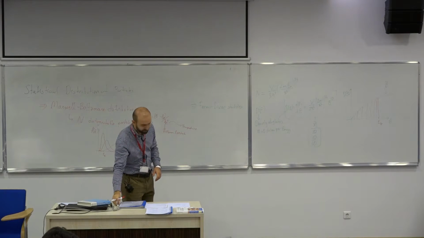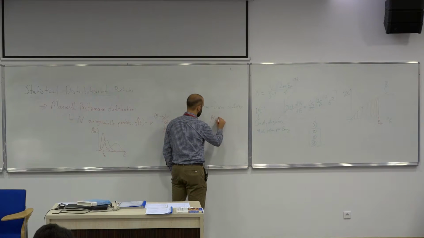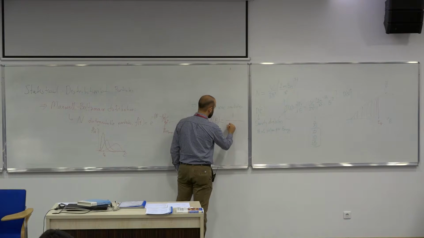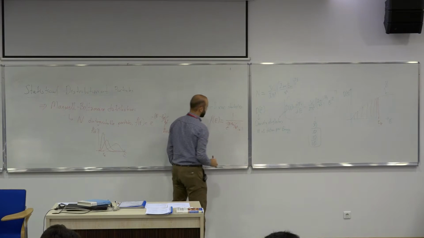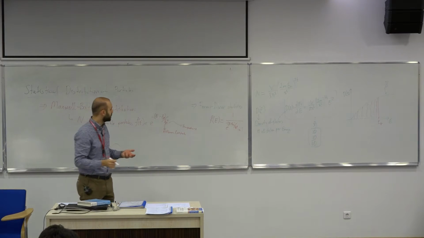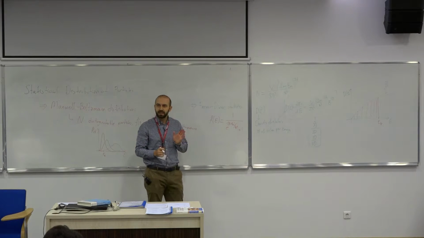This time, the distribution function takes a form like this: 1 over e to the power of (E minus EF), again with a minus sign, divided by kBT, plus 1.